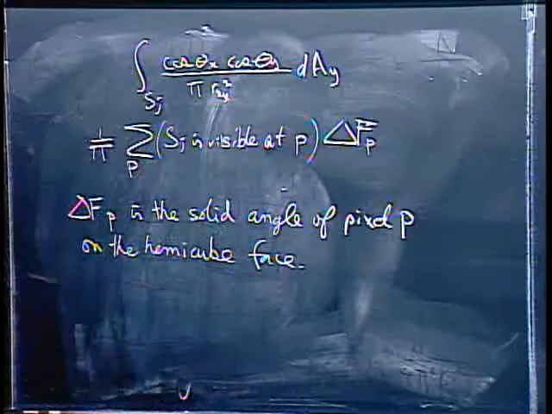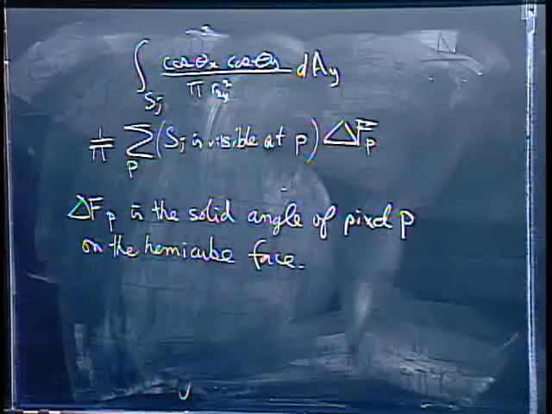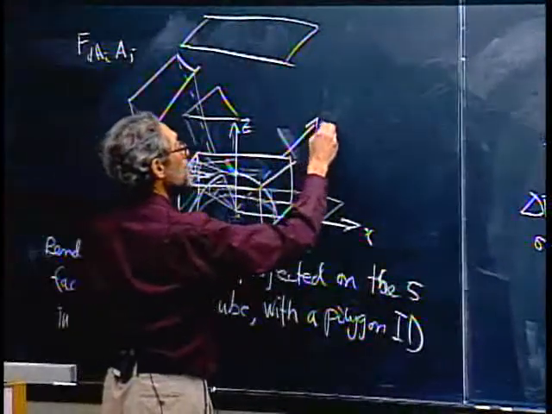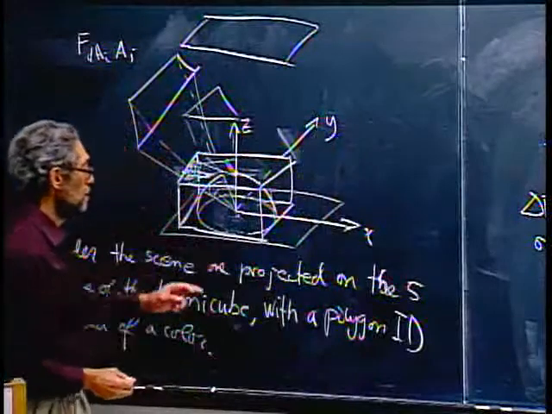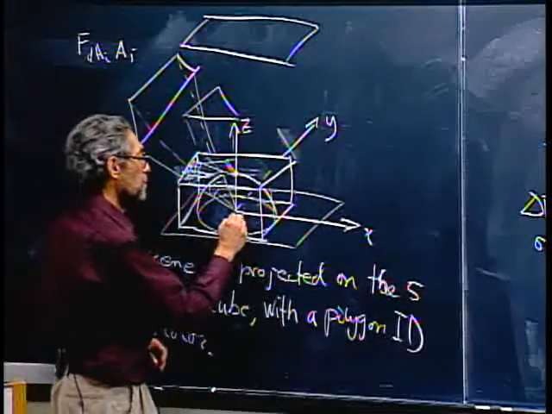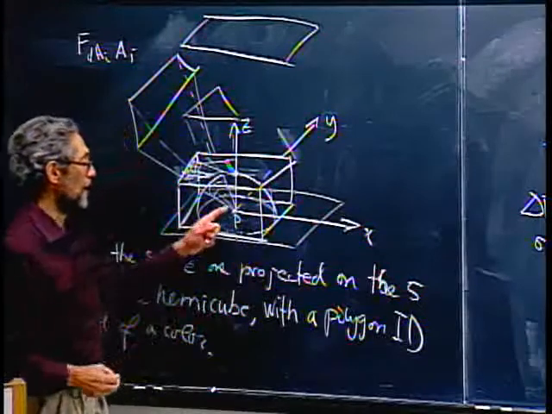There are different formulas for this solid angle depending on which face you're talking about. Suppose we make z vertical, x this way, and y that way. We'll call this pixel P, so it doesn't look like the X here.